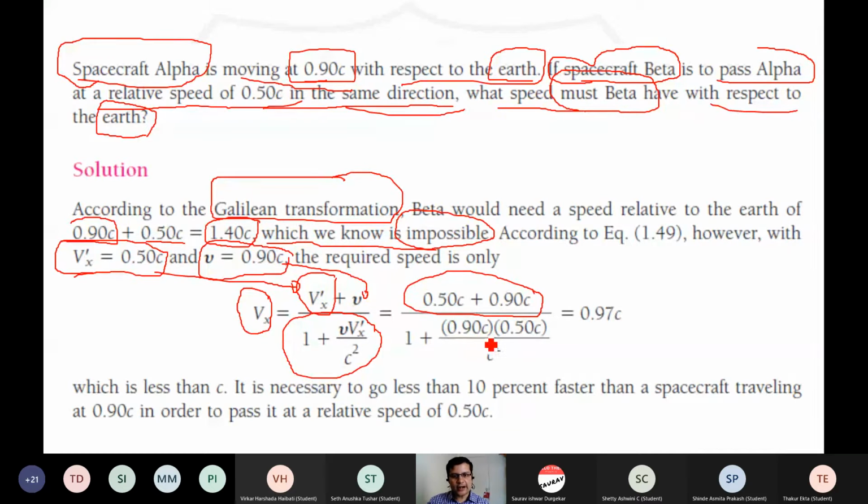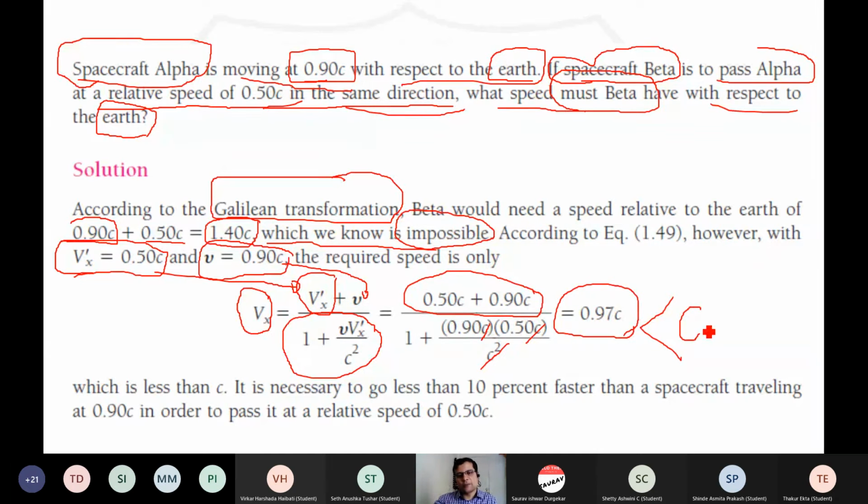So 1 plus 0.9 c multiplied by 0.5 c divided by c square. The c times c cancels with c square, and the resultant value you get is 0.97 c, which is less than c. Remember, this is the correction.